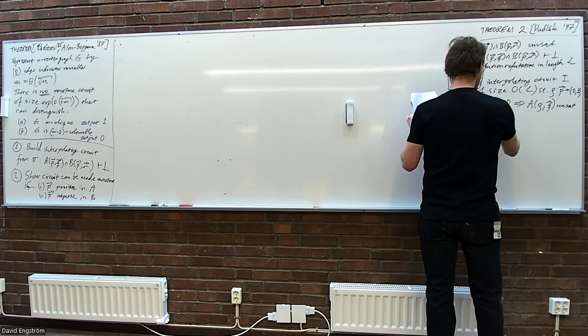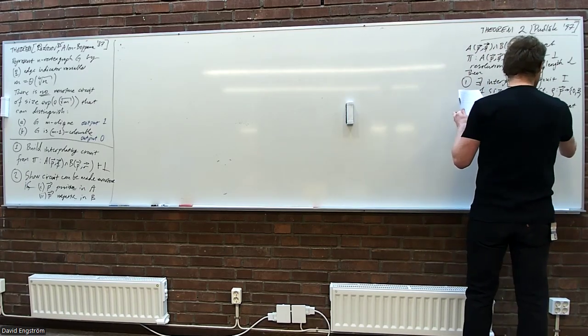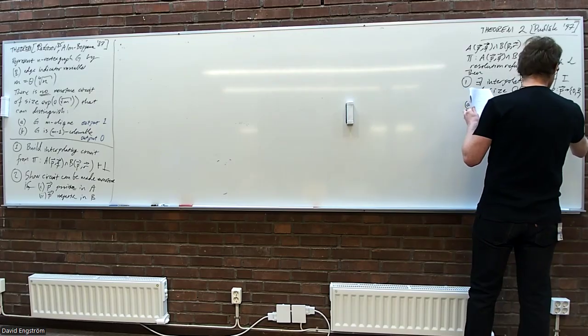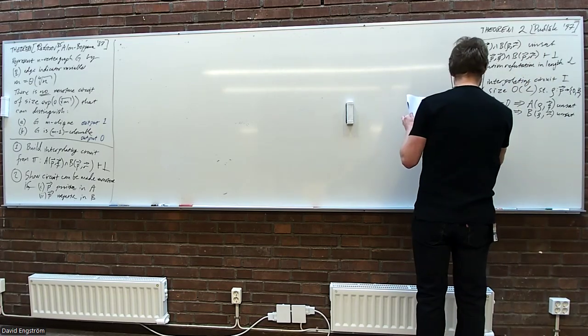But if the interpolant says 1, then B(rho, R) is unsat. Okay.